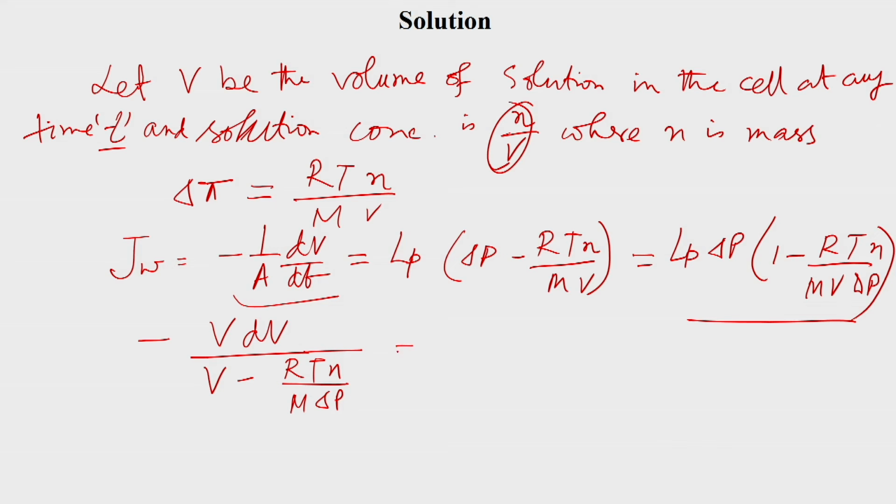So, we put this equal to dV dt, so L P, then delta P into A into dt. Okay. So, from there we are getting this, and now we put in the boundary conditions.